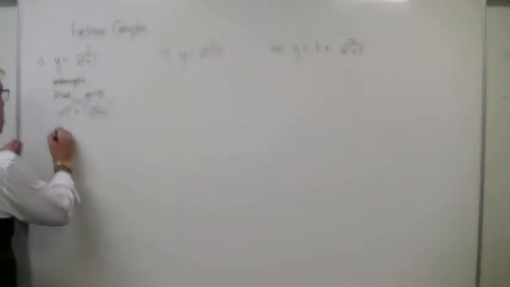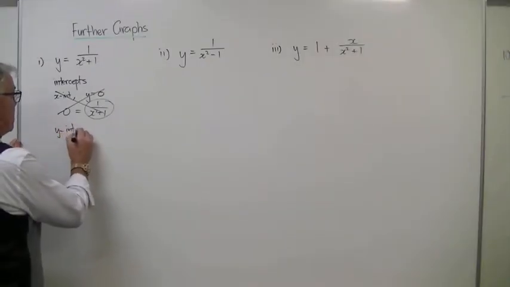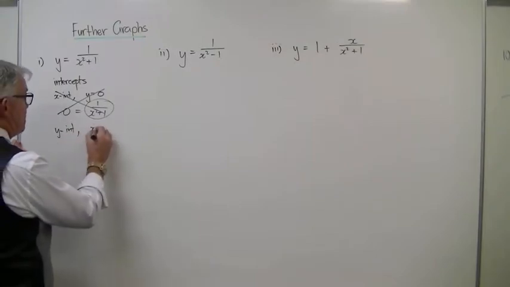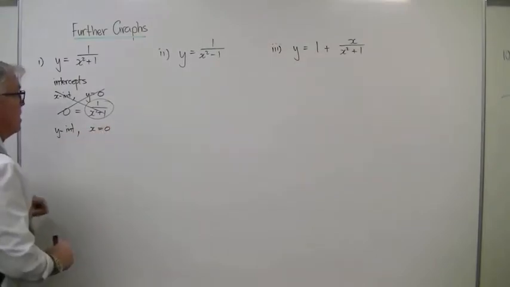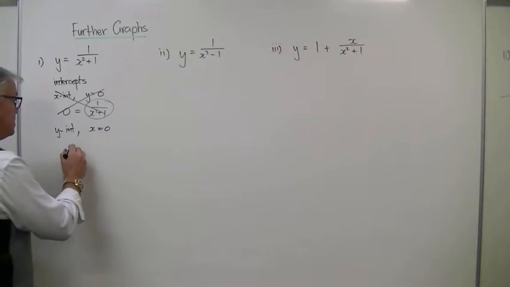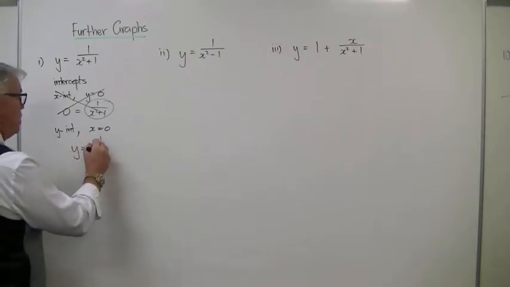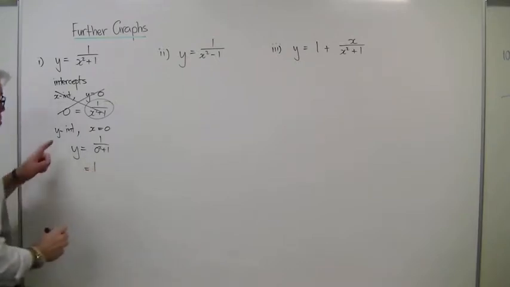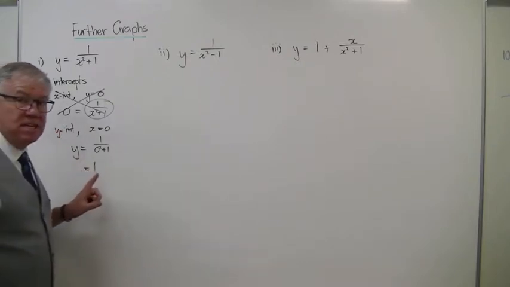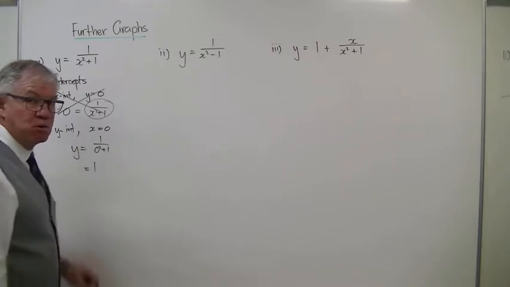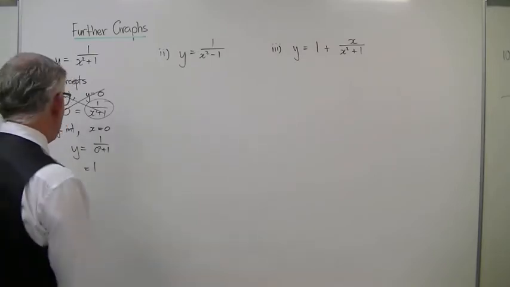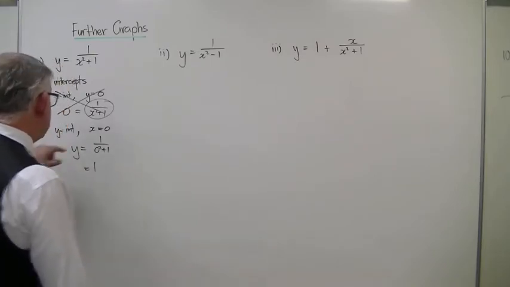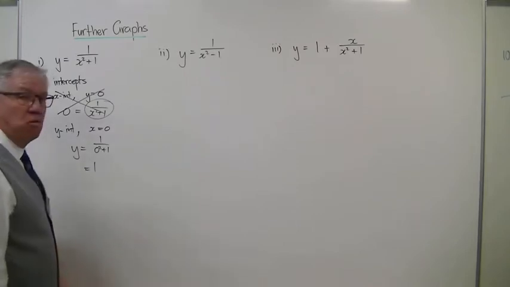So let's check out the y-axis, the y-intercept. That means that we'll have to make x equal to 0. In this case, y will equal 1 over 0 squared plus 1, which equals 1. So there is actually a y-intercept at y equals 1, at the coordinates of 0, 1.